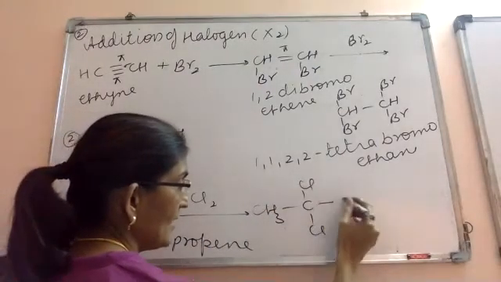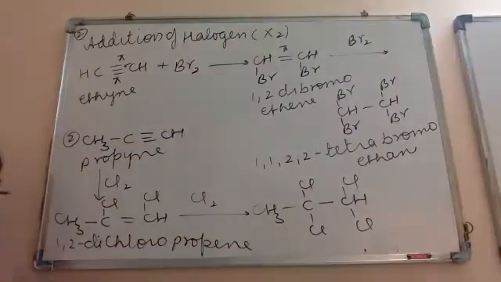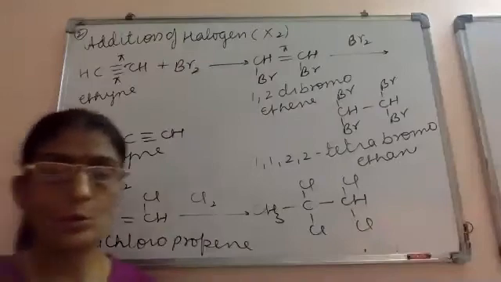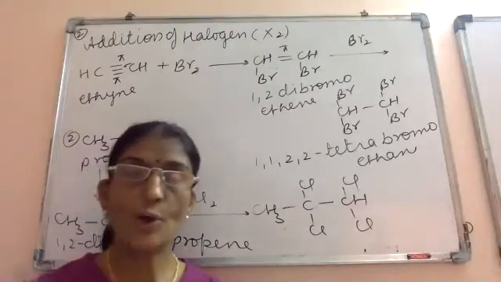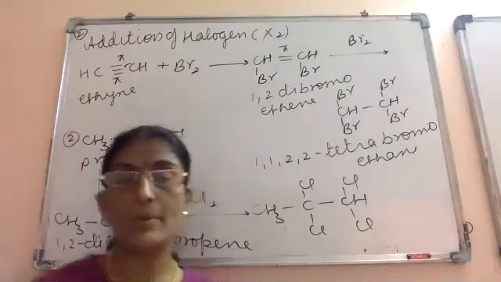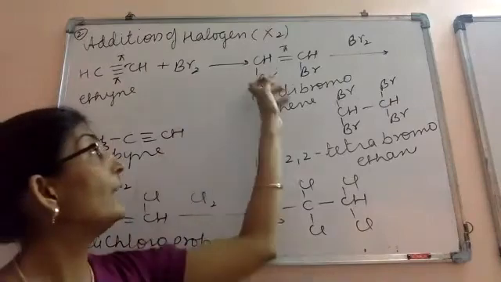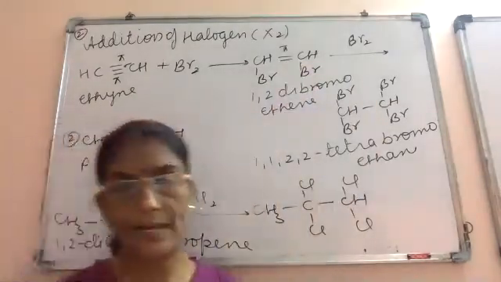ClCl CH CH, 1,1,2,2-tetrachloropropane. So addition of halogen gives tetrahaloalkane. First dihaloalkene is formed and then tetrahaloalkane.